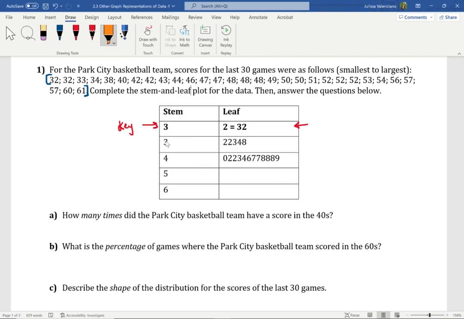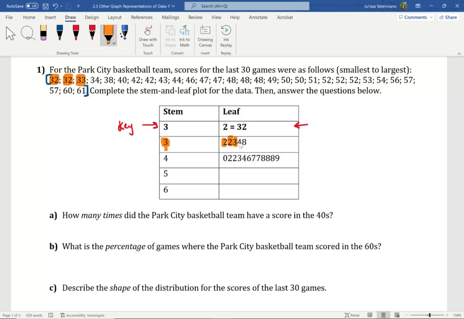Right? So we have stem 3, leaf 2, that corresponds to the value 32. Then again, we have stem 3, leaf 2, that corresponds to the other value equal to 32. Stem 3, leaf 3 corresponds to the number 33.